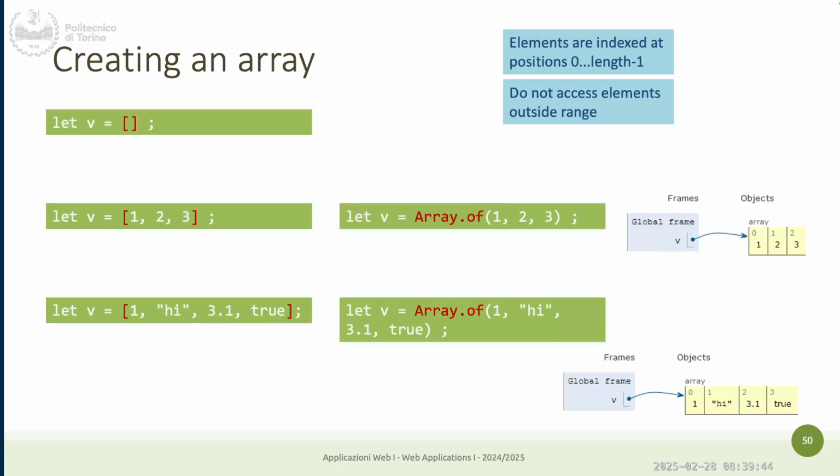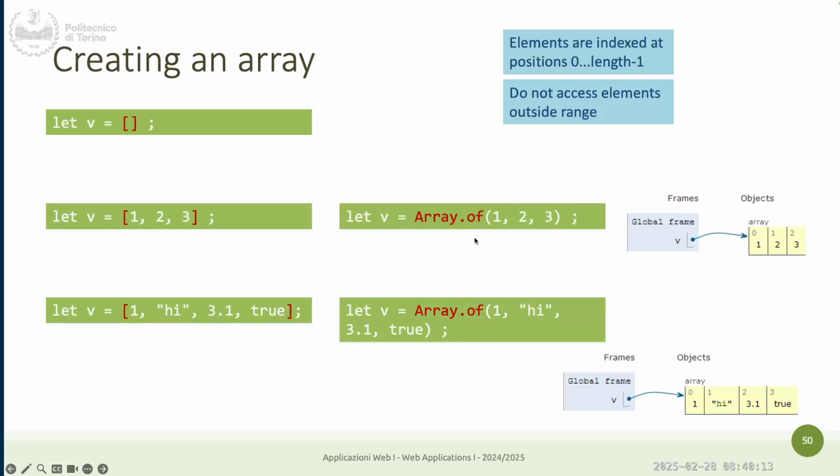You don't need to declare the length or the data type, it's just a sequential container, where all the elements are indexed from 0 to length -1. If you add something at the end or in between, the elements are always indexed from 0 to length -1, and there are no holes inside. You cannot have an empty slot.